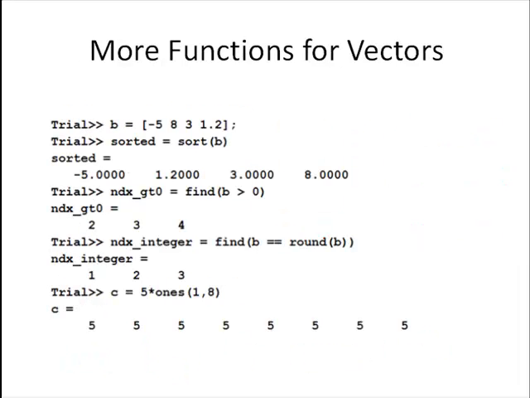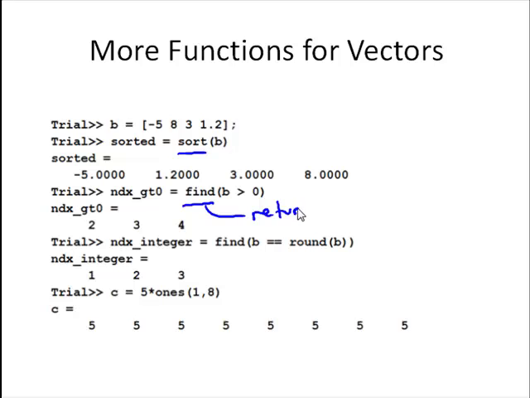A few more functions. We have the sort function. So here we have a new vector B, and the sort function will rearrange the elements in order from smallest to largest. The find function finds the indices.